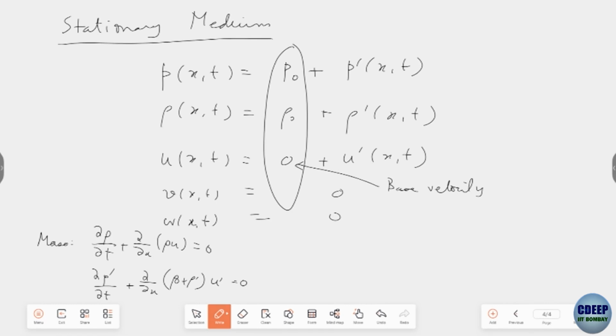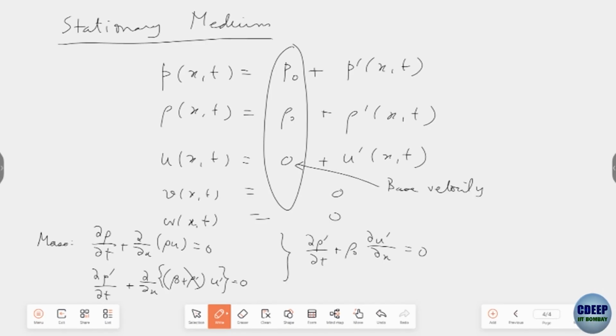So the rho prime gets cancelled out in comparison to the rho naught, and you end up with dou rho prime by dou t plus rho naught del u prime by del x. So this is your linearized mass equation. I invite you to do the same thing for momentum.